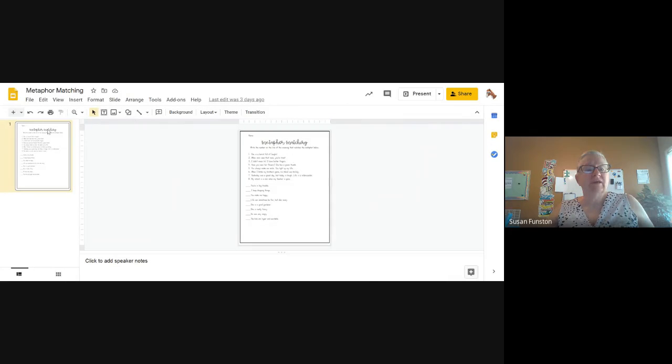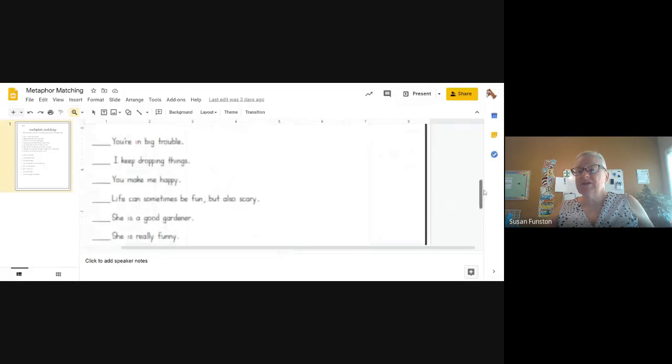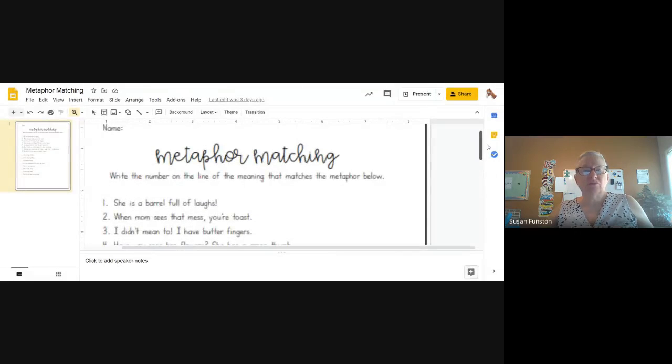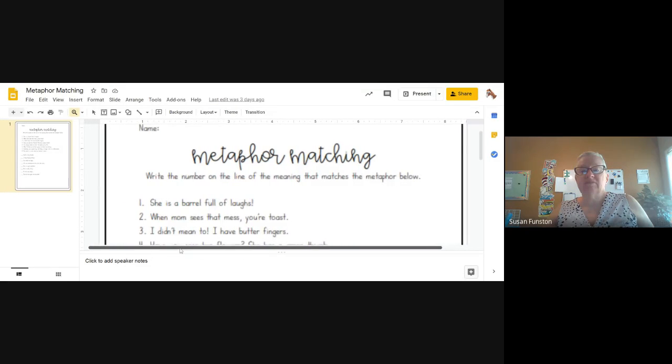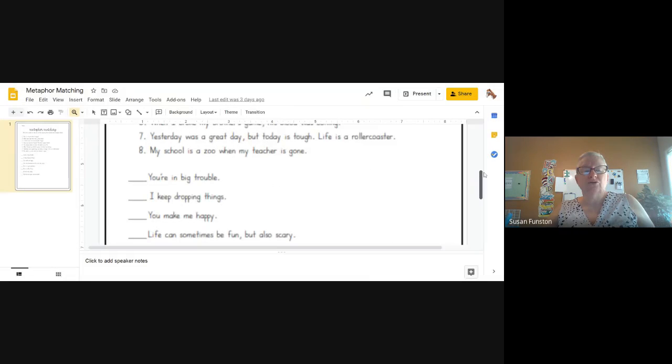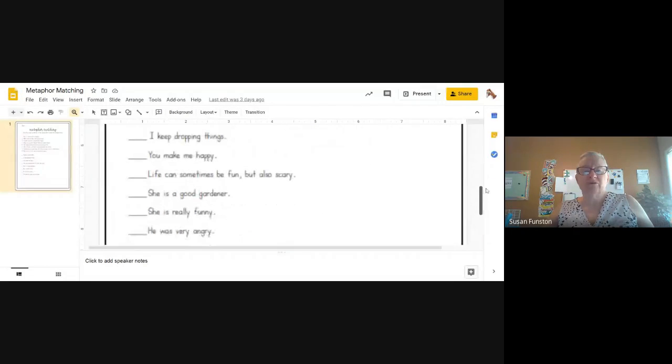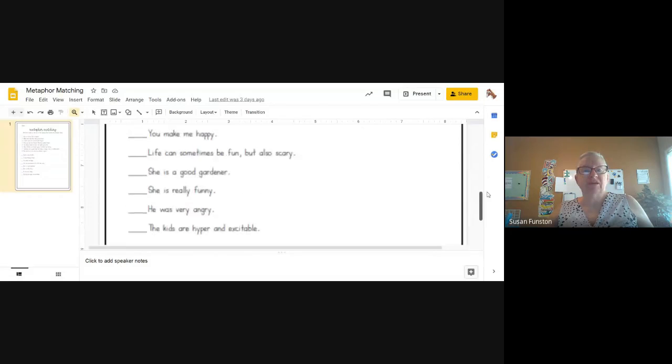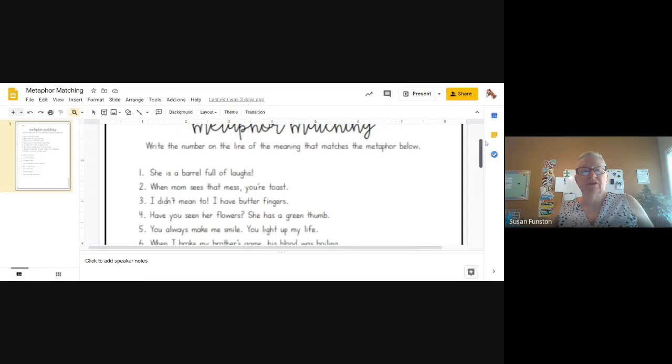All right, metaphor matching. So metaphors can be a little bit tricky, so let's talk about this one more time. We're going to write the number on the line of the meaning that matches the metaphor below. Okay, so you are in big trouble. So we're looking for a metaphor that means you're in big trouble. So she is a barrel full of laughs.